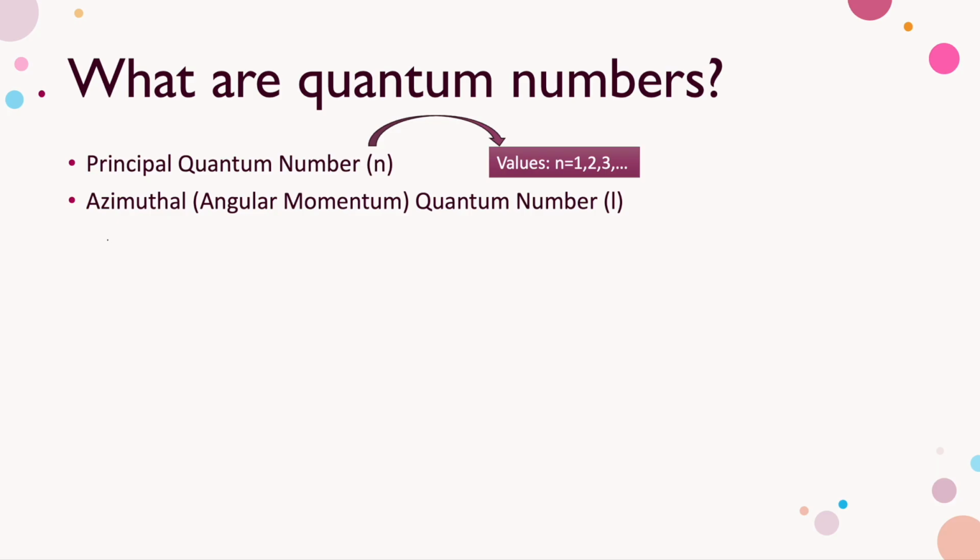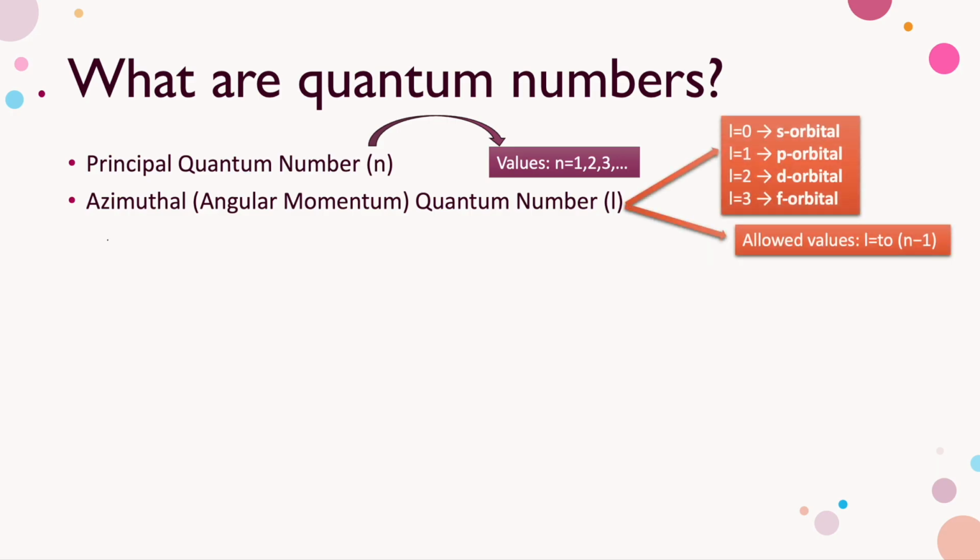The next number is the azimuthal or angular momentum quantum number. It's also called the subsidiary quantum number. It basically describes the shape of the orbital. It is indicated with a small letter l. Now, this l is 1 unit less than the principal quantum number, so we say l is equal to n minus 1. So the first value of l is 0. Okay? Now, if l is 0, then it shows the s orbital.